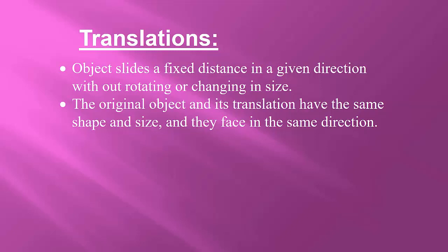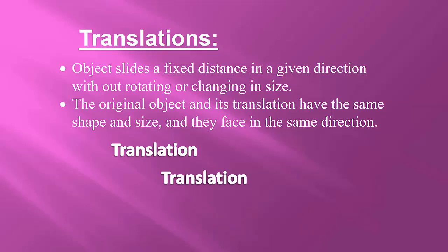Now, it is possible for an object to be both translated, which means that it moved a fixed distance, and then rotated. But that would be a compound transformation, and we're going to start with just doing basic transformations before we grow our understanding into compound transformations.